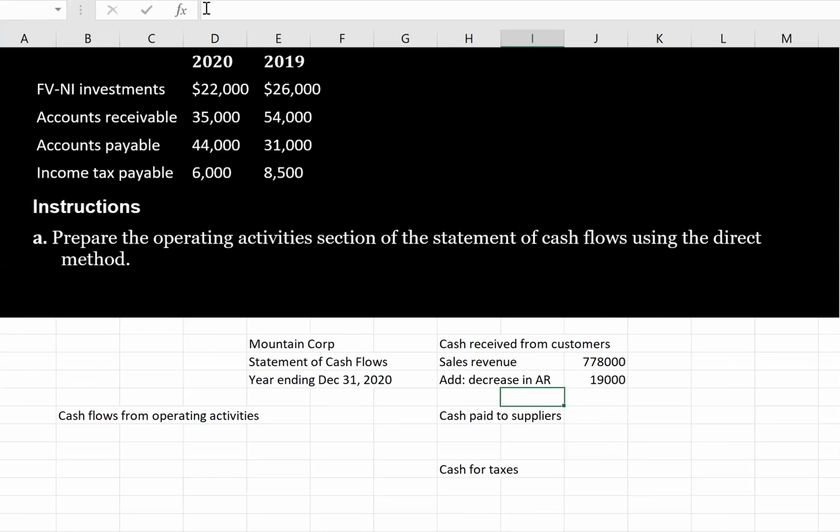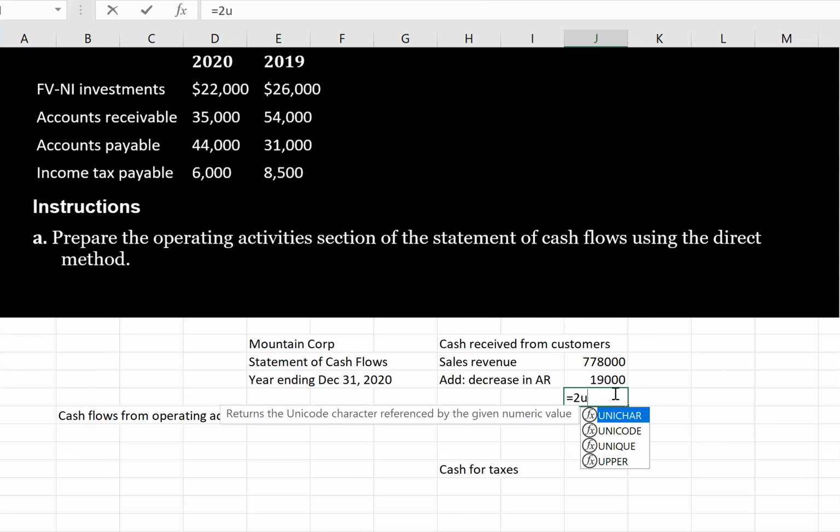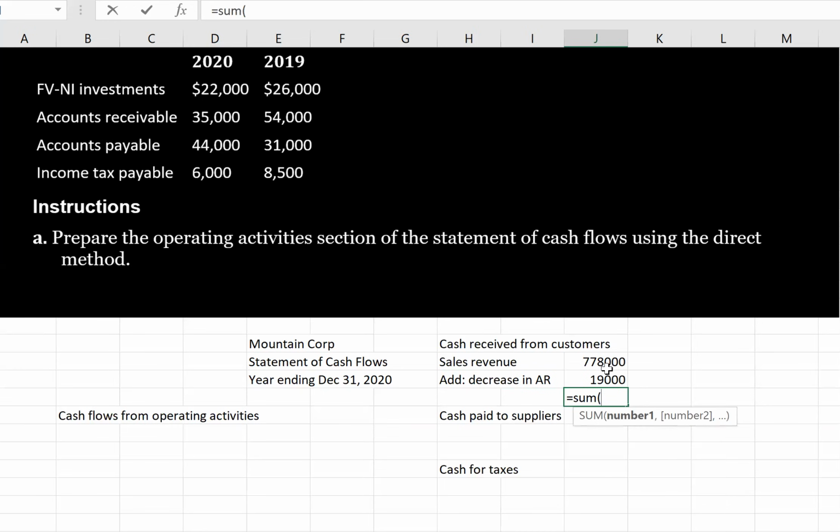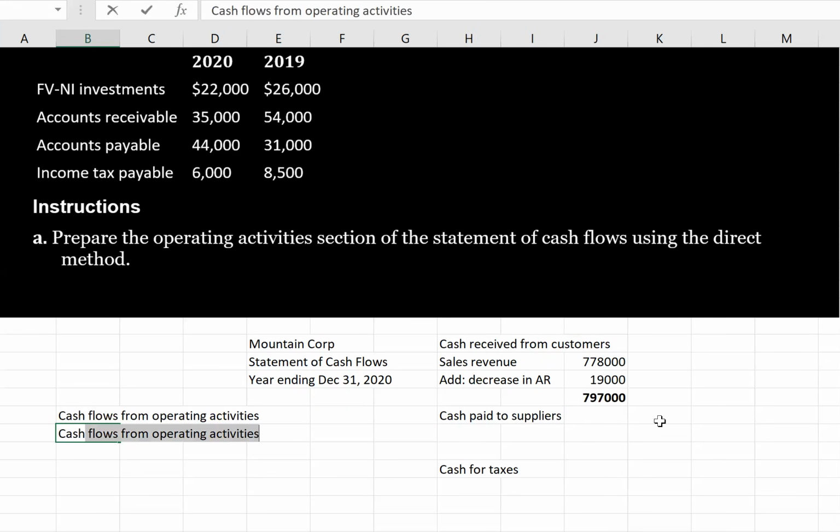So our cash received from customers is going to be the sum of these two, 797,000. I'm going to put this right here. Cash received from customers, 797,000 right there. We got our first one.